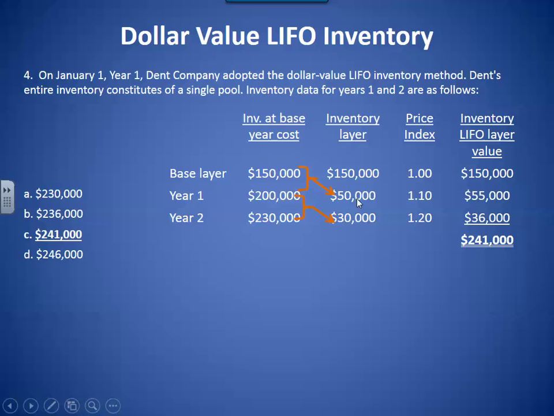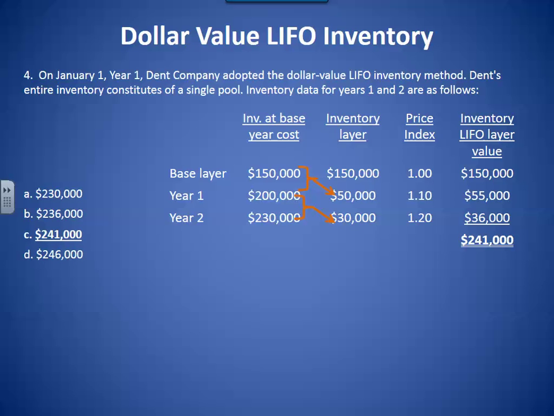So we added an inventory layer of $50,000 in year 1. In year 2, our inventory at base year cost was now $230,000, and compared to year number 1, it increased by $30,000. So we added an inventory layer of $30,000 for year number 2.